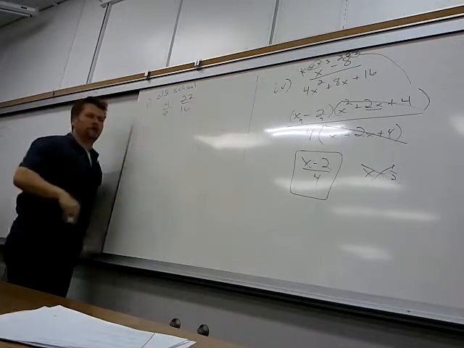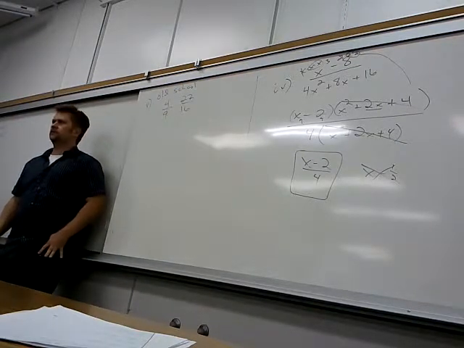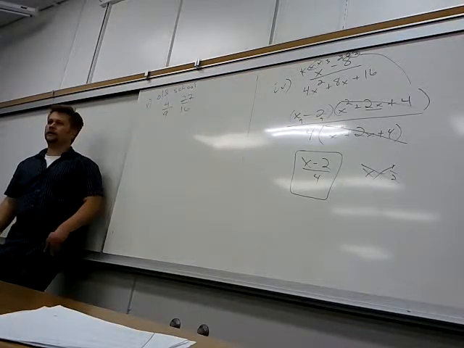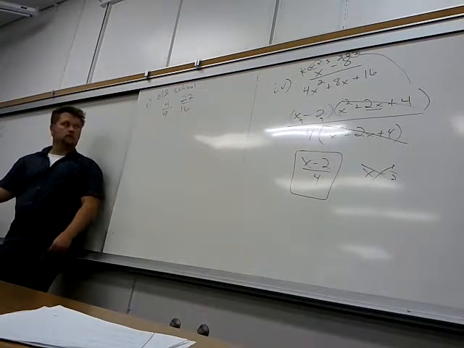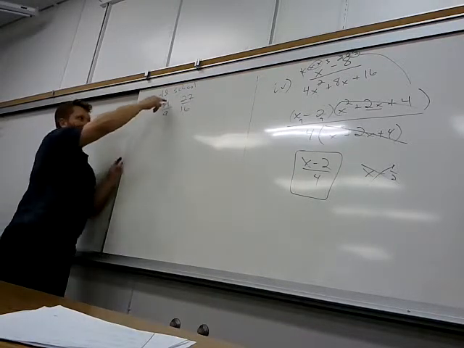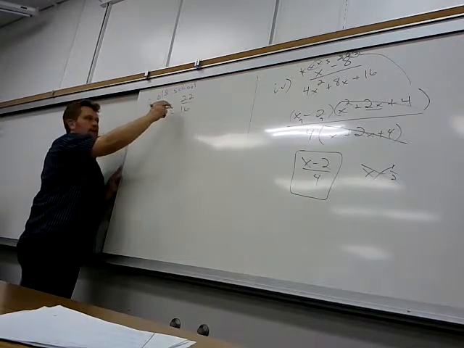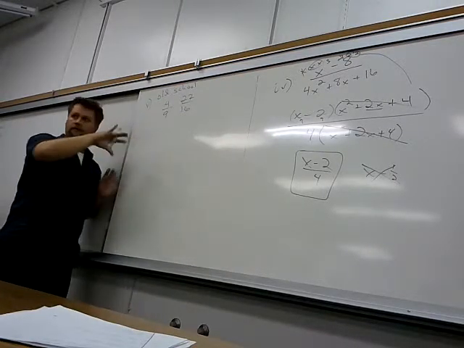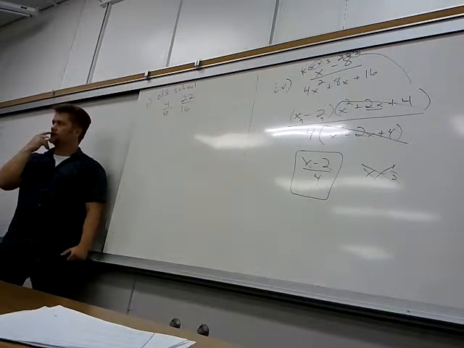Can somebody tell me the smart thing to do with this first? Yes. You can reduce it, exactly. And you can't cancel out this way, of course. But anything on the top that has something in common with something on the bottom can definitely reduce. You with me?